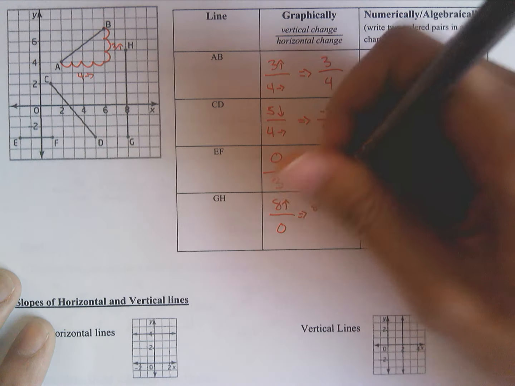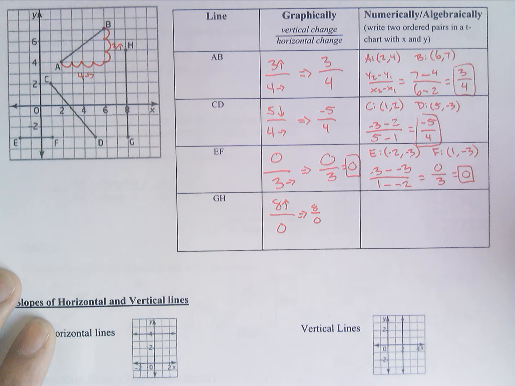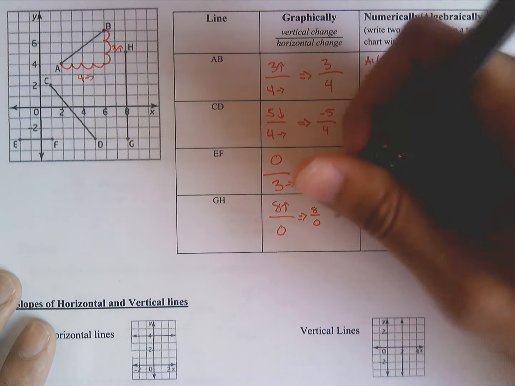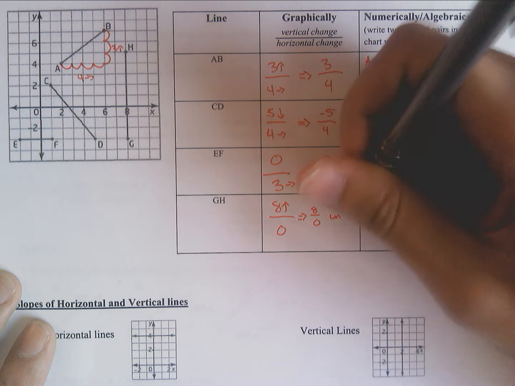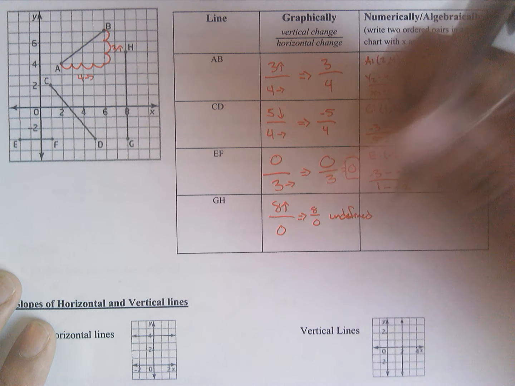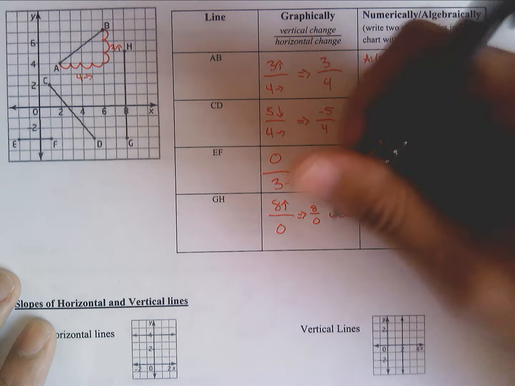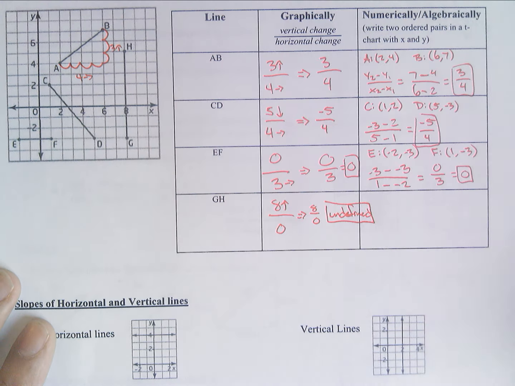Well, 8 over 0, we can't divide by 0. So we would say that anytime our denominator is 0, this is undefined. We cannot divide by 0. Undefined. So line segment GH has an undefined slope.